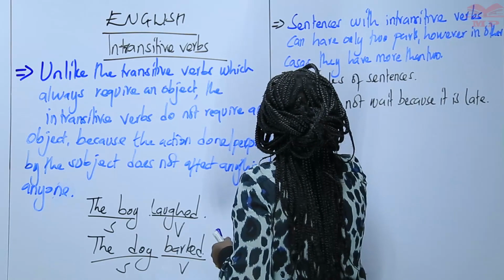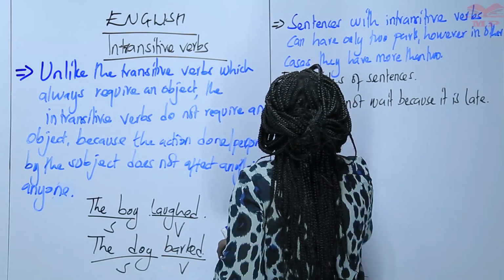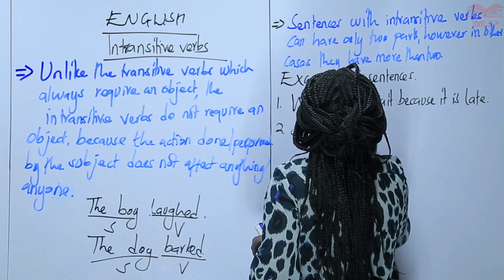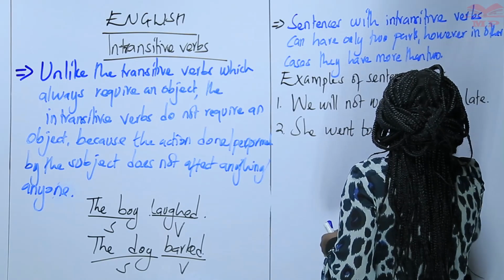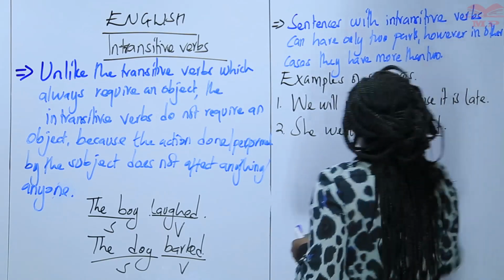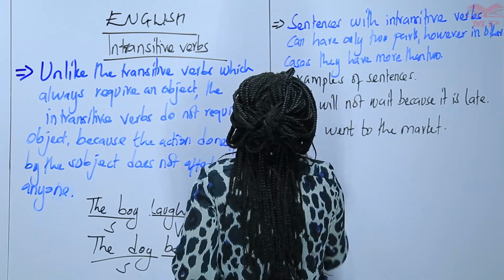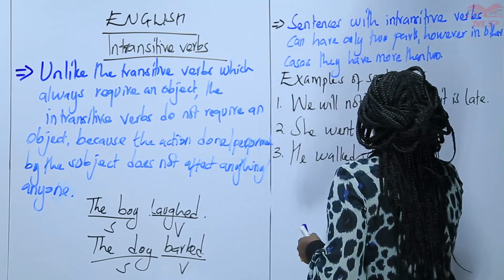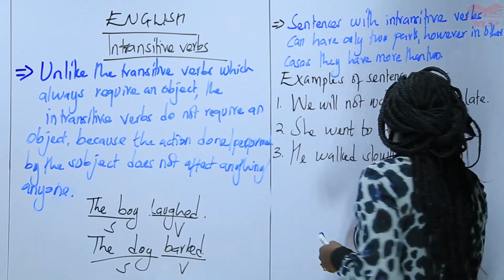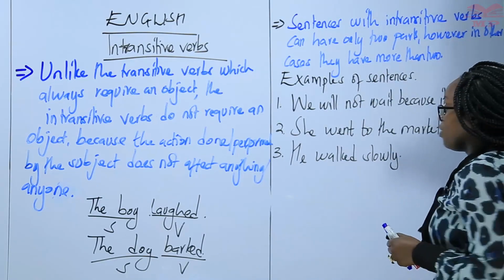And then we could have another sentence: she went to the market. And then number 3: he walked slowly. Look at those sentences.